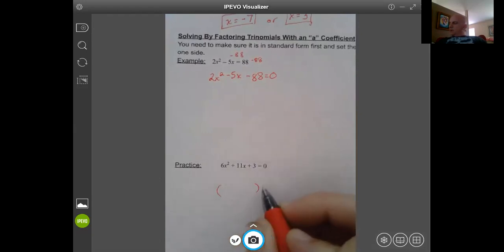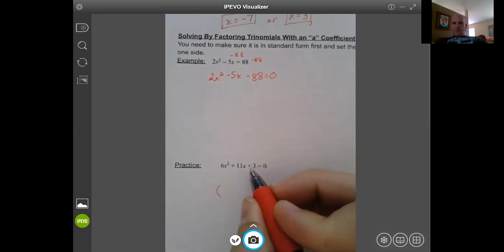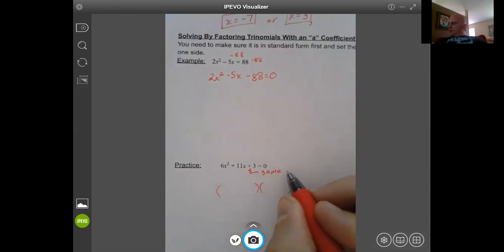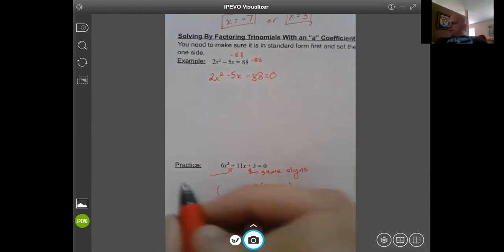So I'm going to have two binomials in this trinomial setup. This sign, all right, again, is going to tell me that I'm going to have the same signs in my binomials. And the first sign then tells me what type.